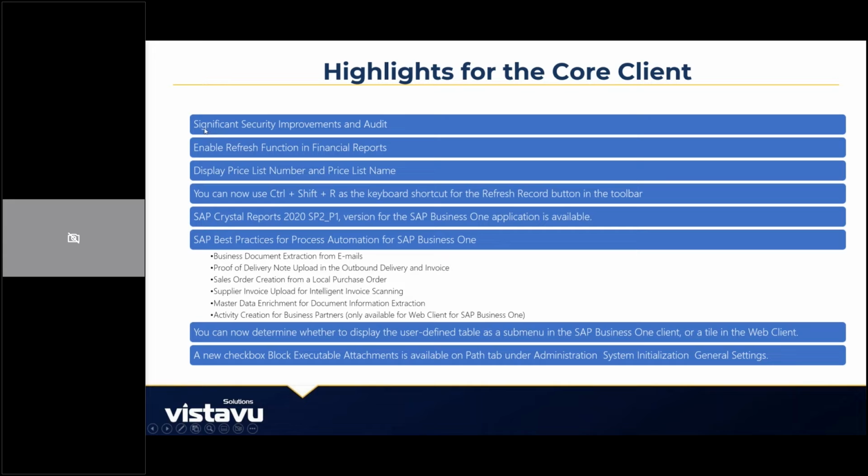And a reason for that was there was a significant amount of effort put from SAP into security improvements and audit. So SAP is committed to making sure that we always have all of the latest and greatest requirements met for being able to meet the standards, I don't know if it's the ISO standards, but whatever the standards are to be compliant with security measures for enterprise and small and medium-sized business companies.